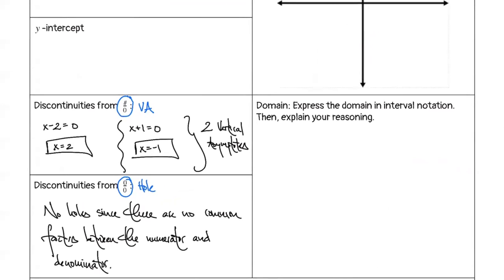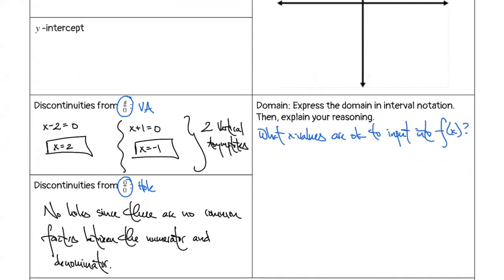So in other words, the domain is asking us what x values are okay to input into the function.